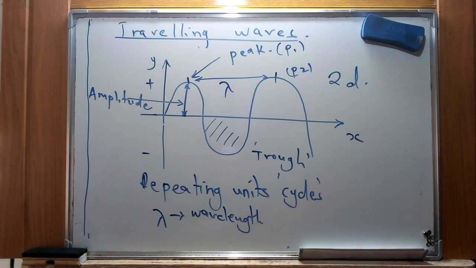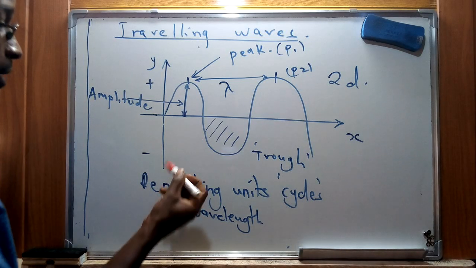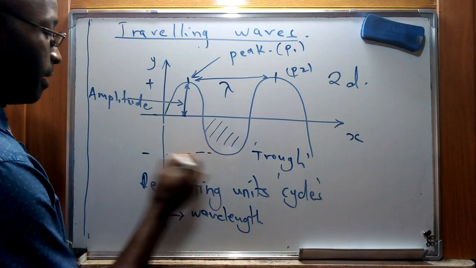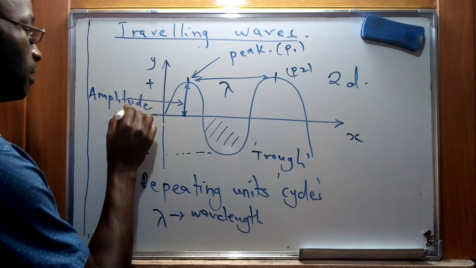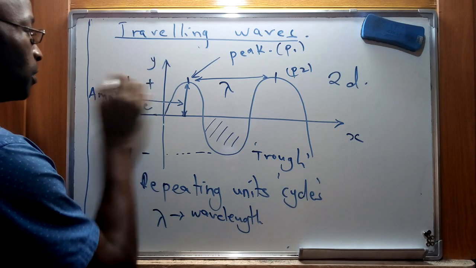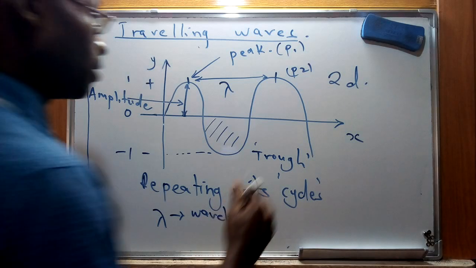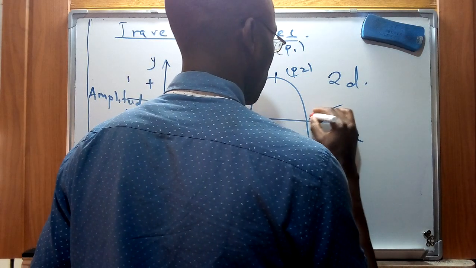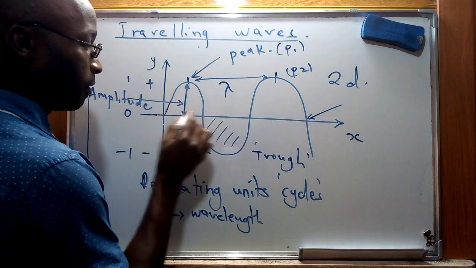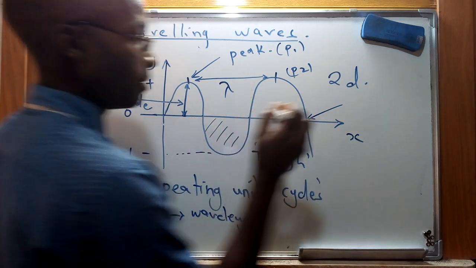Suppose we give these parts a scale, where this is a negative unit, -1, this is 0, and this is a positive, 1. Then the point at which the amplitude is equal to 0 is going to be referred to as a node.